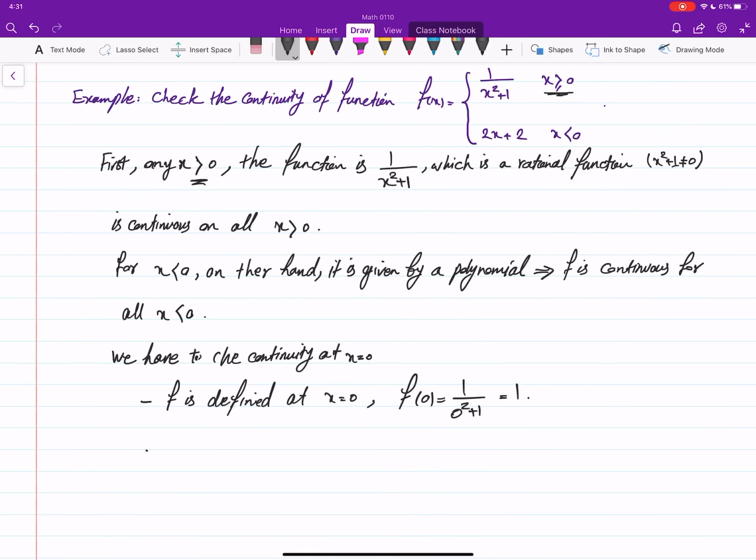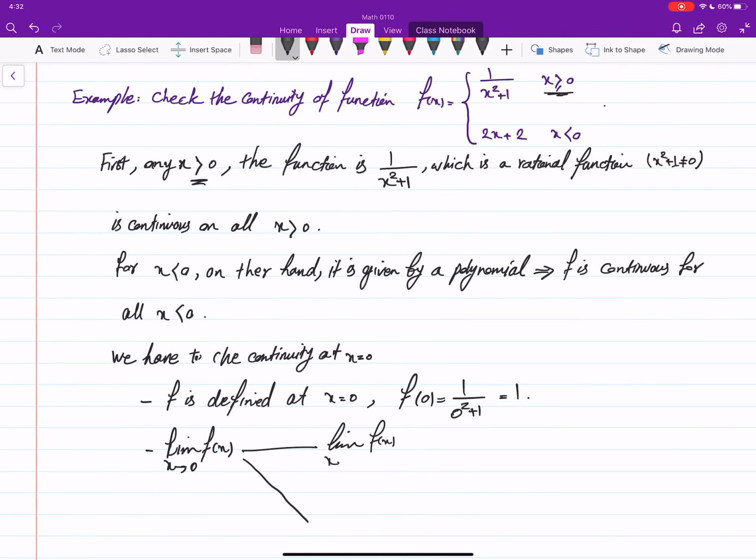That's defined. How about the limit of the function? Limit of f of x as x goes to 0. Well, we remember from the old days that when you have a piecewise defined function and the point at which the domain is separated, bigger than, less than, when you're studying the limit of the function at those points, the best way is to separate into one-sided limits.